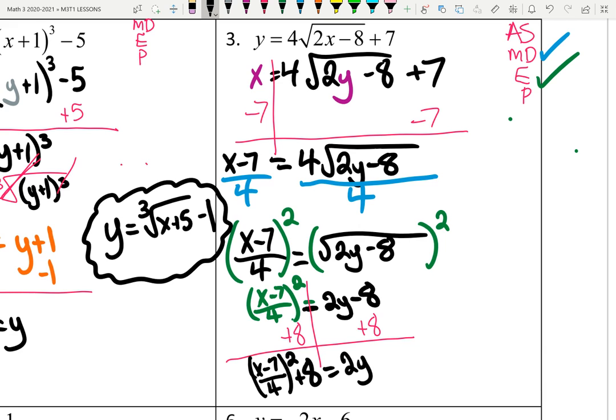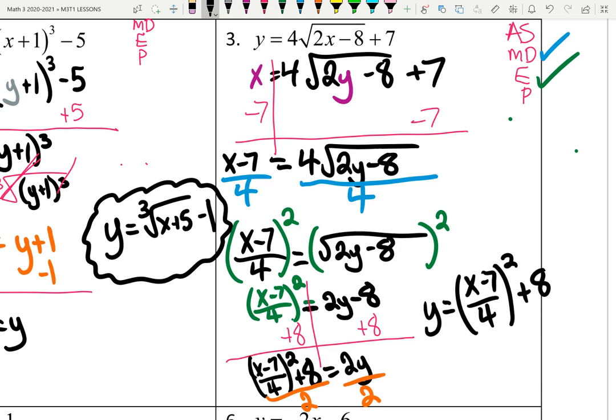I'm going to divide each side by 2. This is going to leave me with y equals x minus 7 over 4 squared plus 8, and then the whole thing divided by 2.